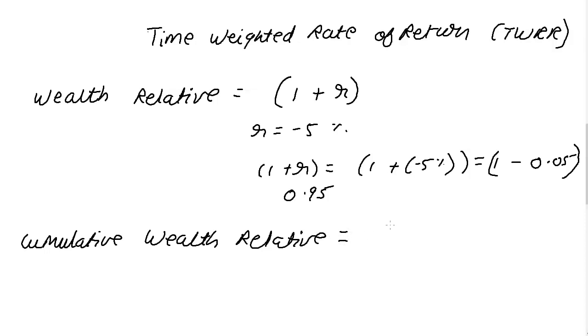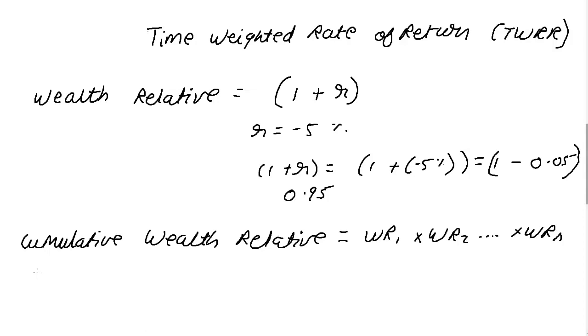Okay, so that means it's going to be the wealth relative, and let's say if we call that wealth relative WR, so WR1, and maybe we can just write it like this: WR1 into WR2 into WRN. Okay, so for many years we do this math and we get ourselves a cumulative wealth relative.